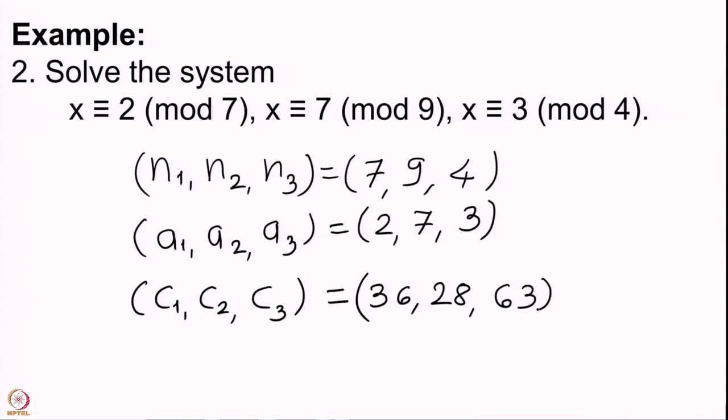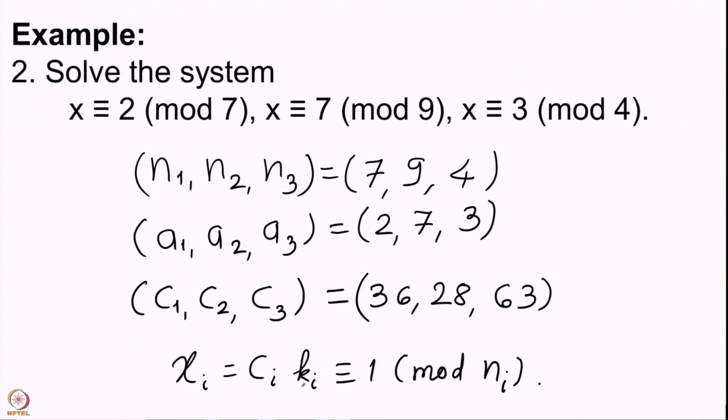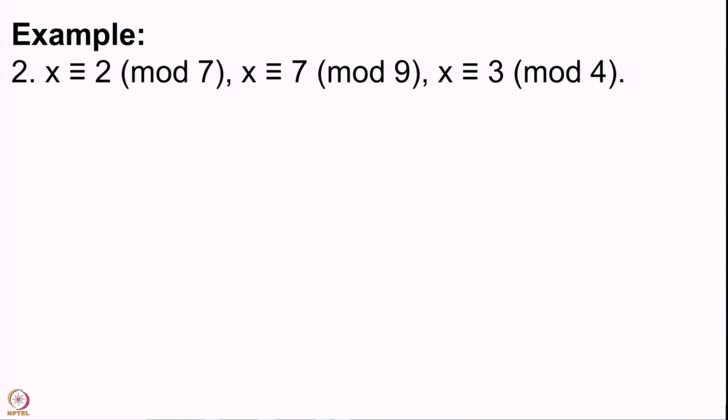So, now we want to solve for xi to be Ci Ki congruent to 1 mod Ni. This is the solution. So, we need to solve for the K. So, we go to the next slide, but remember we have 36, 28 and 63 as the Ci.